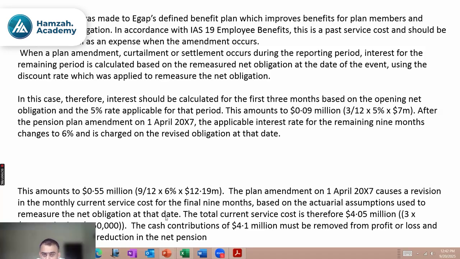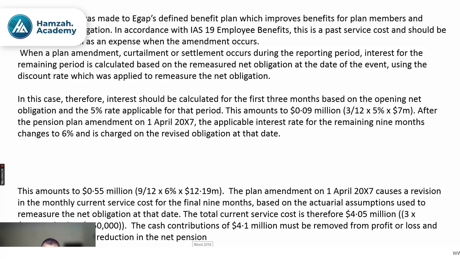When a plan amendment, curtailment or settlement occurs during the reporting period, interest for the remaining period is calculated based on the remeasured net obligation at the date of the event, using the discount rate which was applied to remeasure the net obligation. In this case, therefore, interest should be calculated for the first 3 months on the opening net obligation of 7 million at 5%, so 5% for 3 months is 0.09.